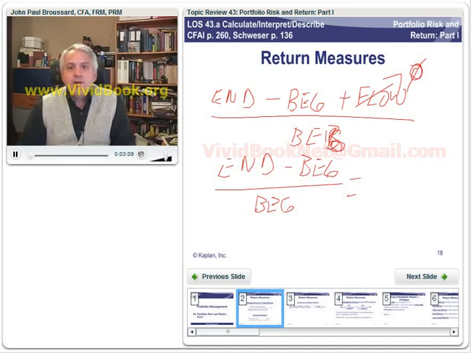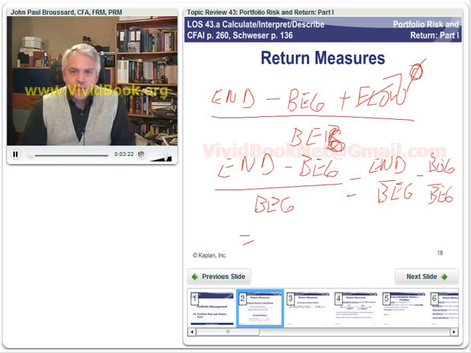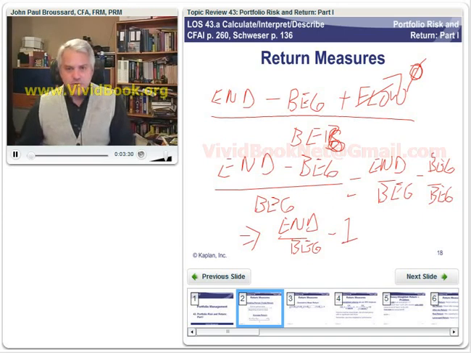From the formula, this is end over beginning minus beginning over beginning, which is nothing other than end over beginning minus 1, which is what you see on the formula.